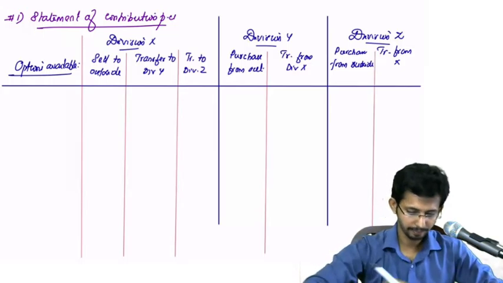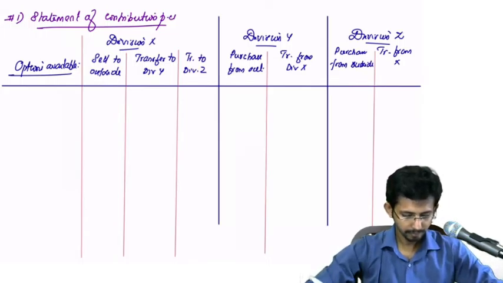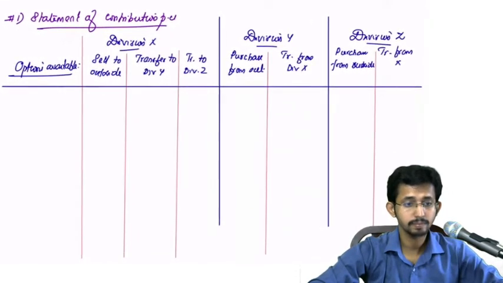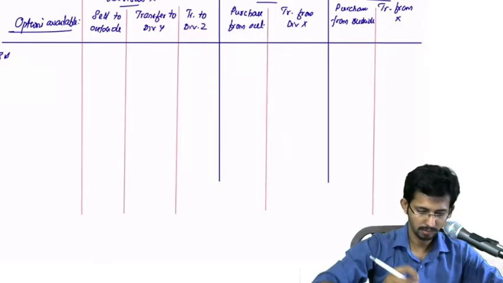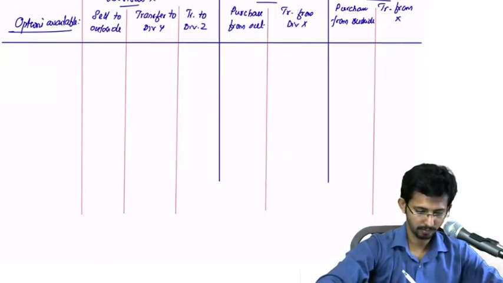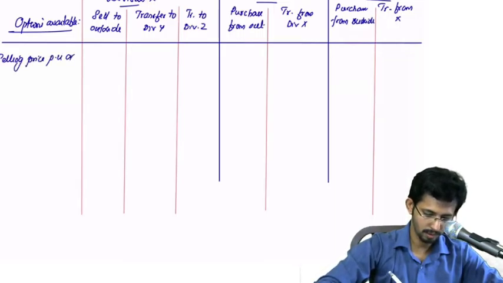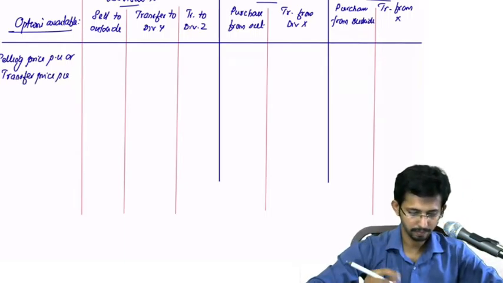Now what's given here? Selling price per unit or transfer price per unit.